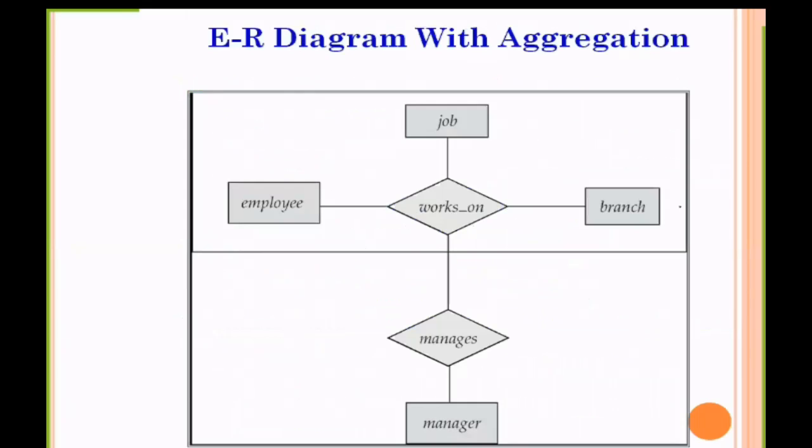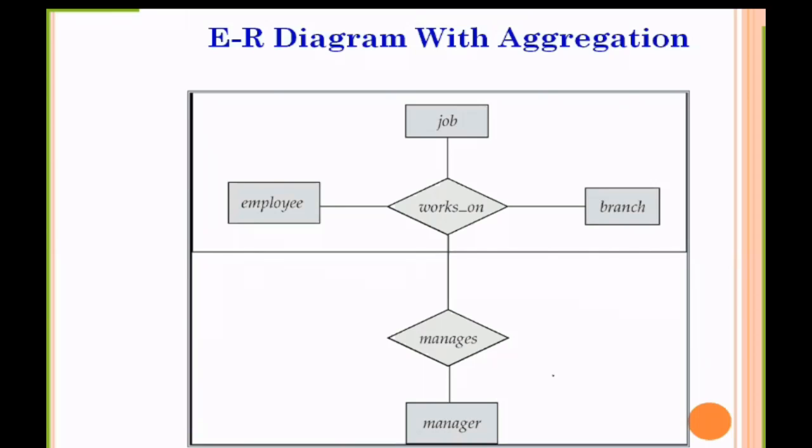So how can we understand this aggregation? The works on relationship is between employee, job and branch. But how is the manager involved in this works on? A particular employee who is working on a job with a particular branch will be managed by some manager. So we can create an additional relationship, which is called manages.